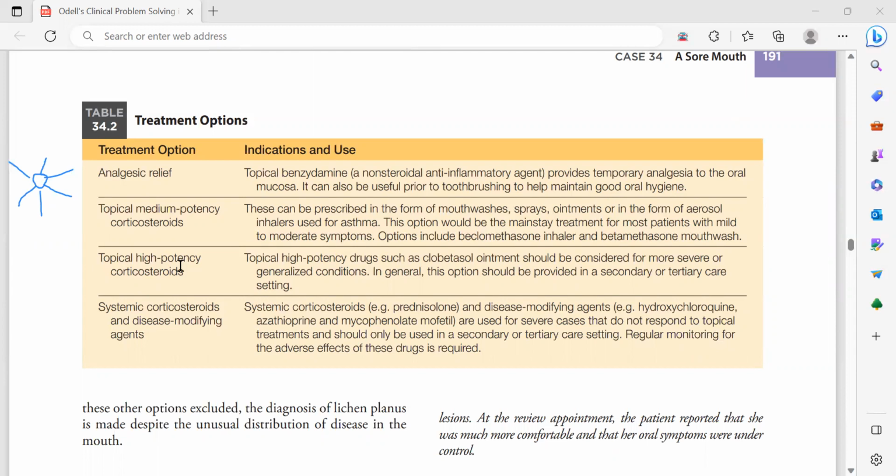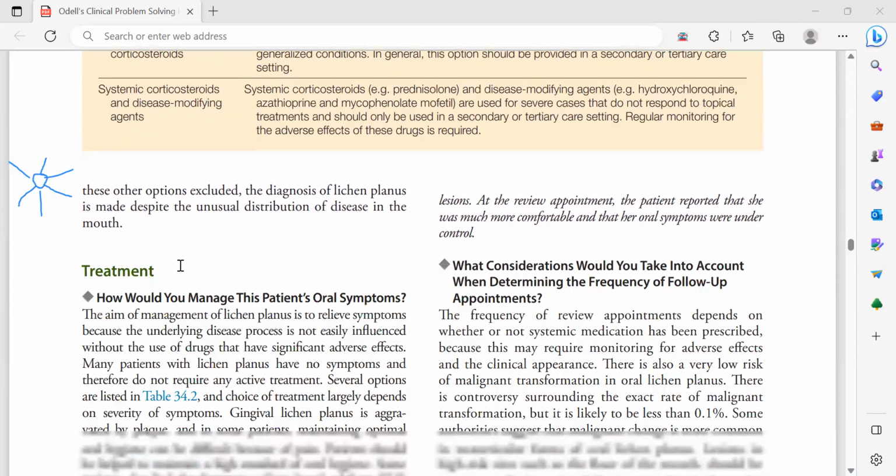On top of that, if we are suspecting lichen planus, we just refer the patient to the specialist to perform the biopsy, and he will review the patient continuously because there is a risk of oral malignancy.